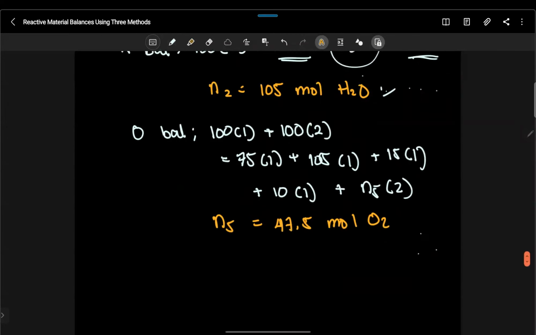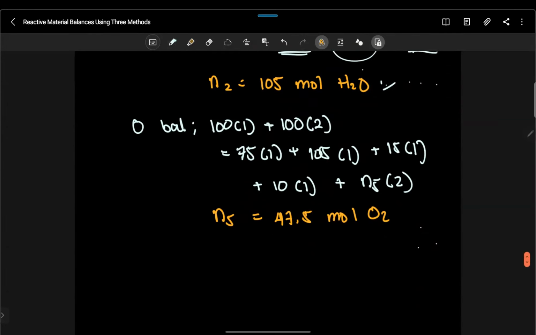Okay. Isa na lang natitira, pero alam natin yun yung nitrogen balance, right? So if you will perform nitrogen balance here, N6, okay? Kasi N6 yung symbol niya. Times 1. No, not times 1, times 2. Tama ba? Kasi nitrogen is N2. Equals, sa product side, sorry, let me just correct this one.